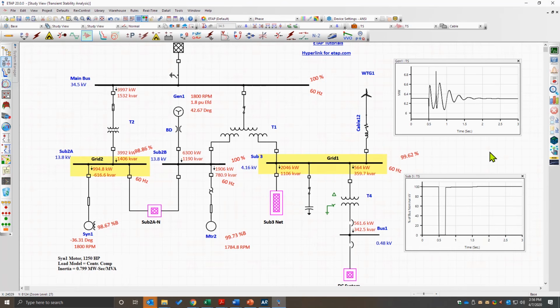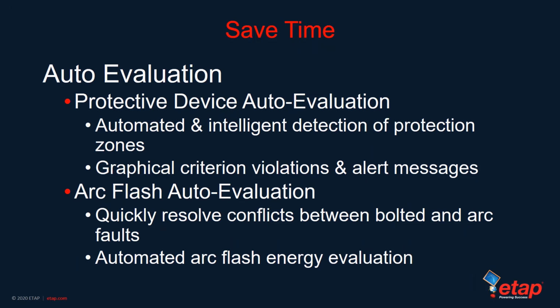And when we are done running our studies, it's time to evaluate the results. To evaluate coordination, protection, and arc flash, we're going to use Star Auto as well as Arc Flash Auto. Star Auto is an automated protection coordination solution which provides automatic detection and evaluation of system protection and coordination based on customized design criteria and industry guidelines.